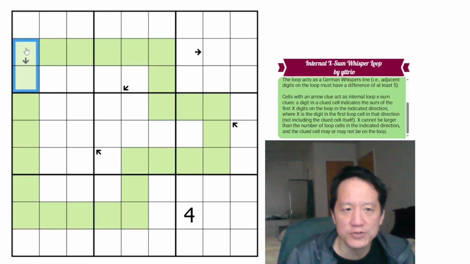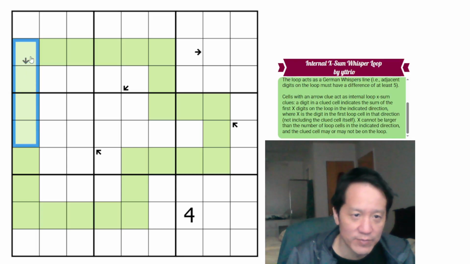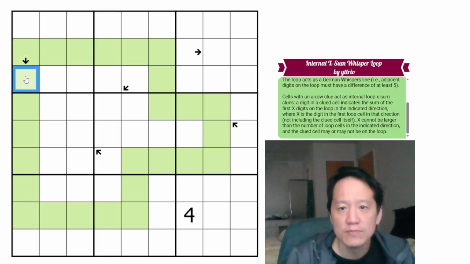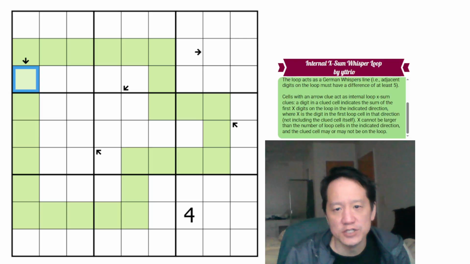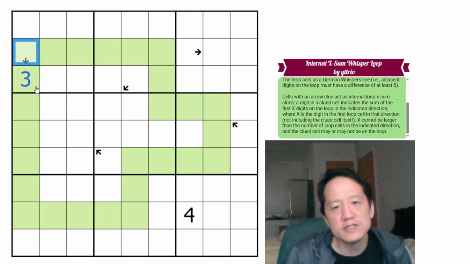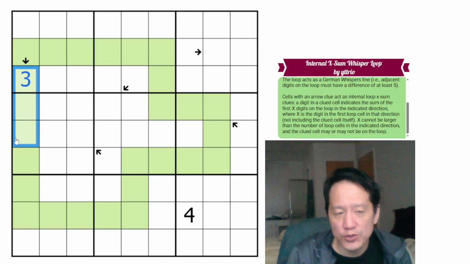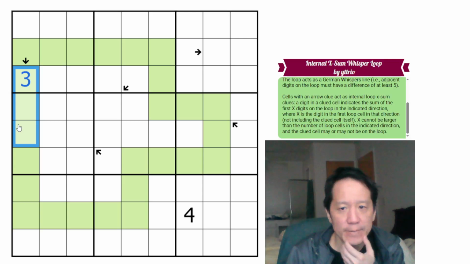So in this direction, starting from the cell, this is the sum of the first, whatever this digit is. So say this was a 3. Then this digit would have to be the sum of the first 3 digits on the loop in this direction, right?